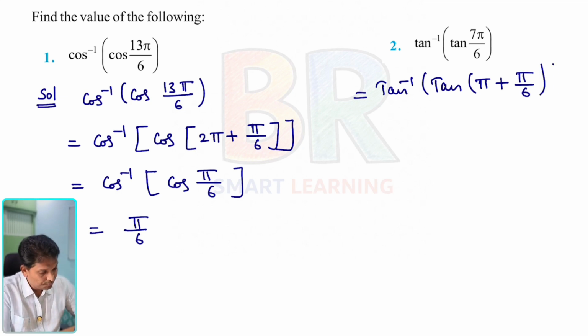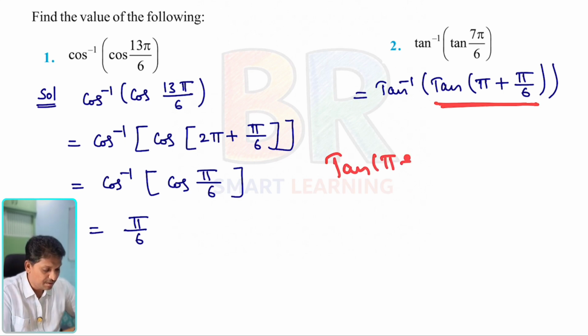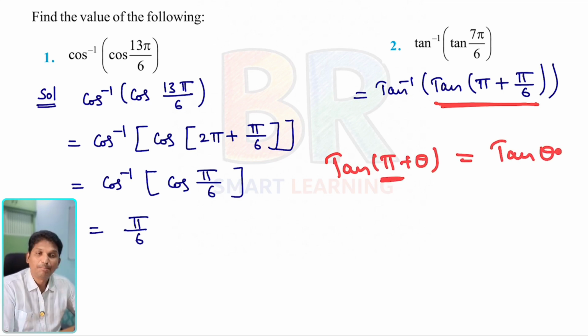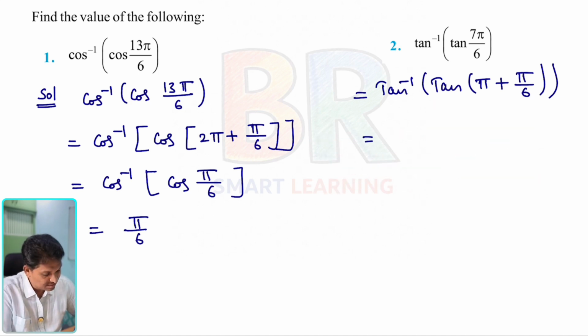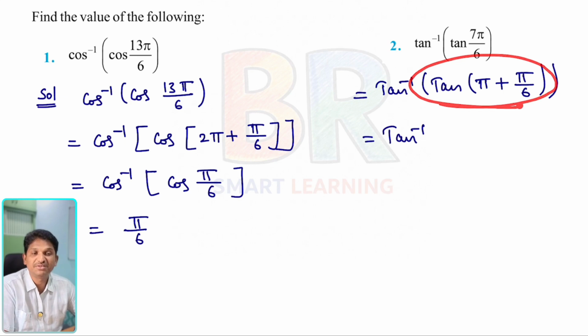Now if you observe this, this is like tan of pi plus theta. As pi is there, the function remains the same. Pi plus theta is the third quadrant, and in the third quadrant tan is positive. So tan of pi plus theta is tan theta.